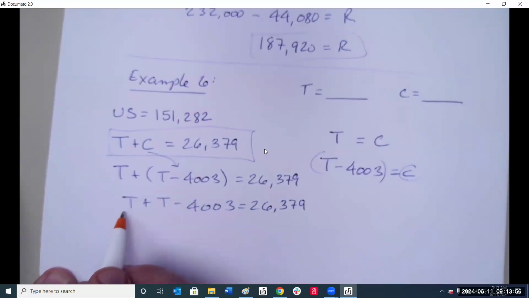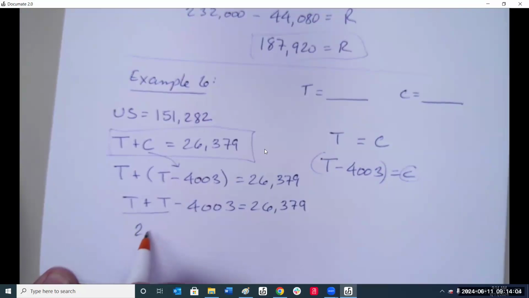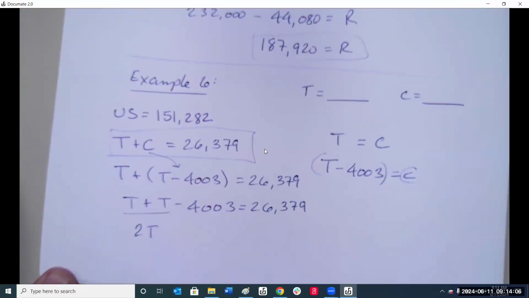Combine like terms. T plus T is what? 2T, yeah. When you add or subtract, you change the coefficient. If you multiply or divide, then you change the exponent.